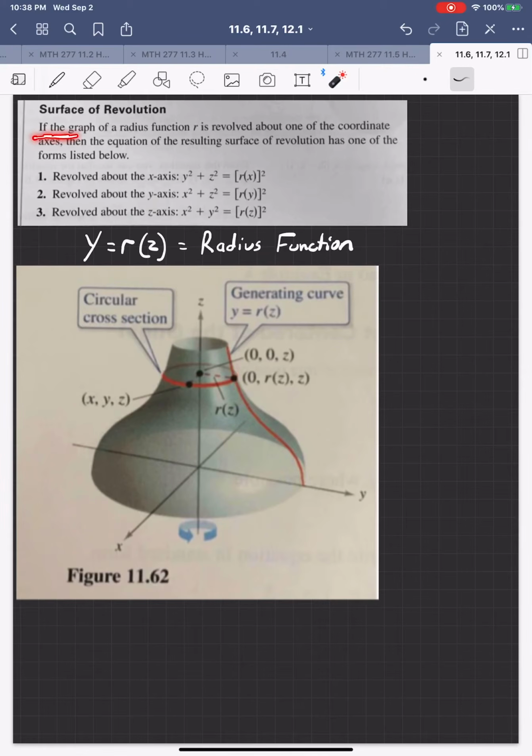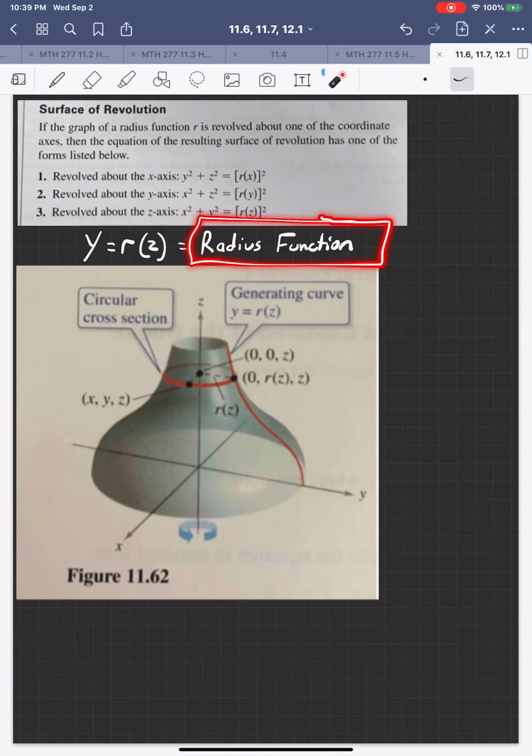So, if the graph of a radius function r, I'll talk about that in just a second, is revolved about one of the coordinate axes, then the equation of the resulting surface of revolution has one of the forms listed below. So that radius function, r. Take a look at the picture that I've provided here.